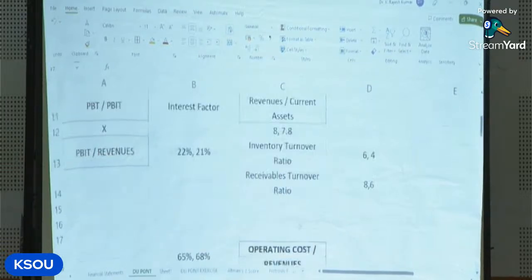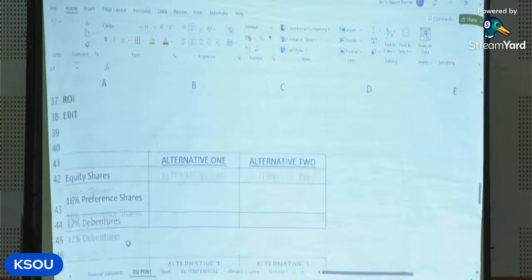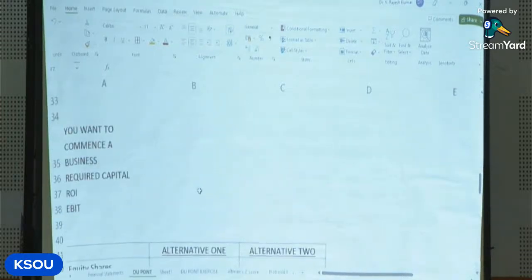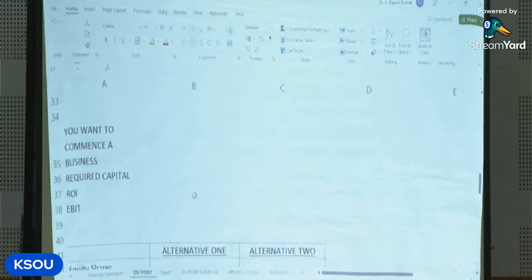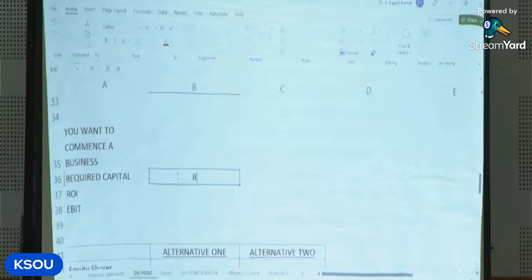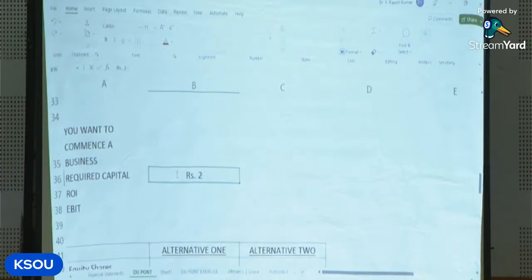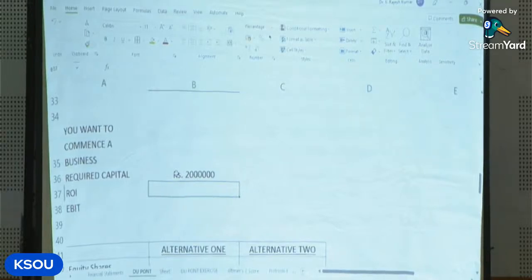So, how? I'll give a small example. Please observe here. Kept all this ready. Let's say you want to commence a business which calls for a capital of, let's say, 20 lakhs. So you want to commence a business. You need 20 lakh to start the business. Friends, ROI for this business is 20%.